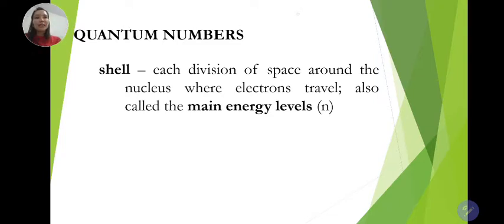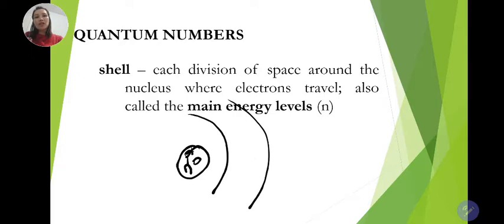Kasi kung naalala niyo yung figures natin before, we have this, the nucleus, containing the neutrons and protons. And then we have divisions which we call the shells. And these, each division is called the main energy levels. So this is a shell, this is a shell, and they are called the main energy levels.